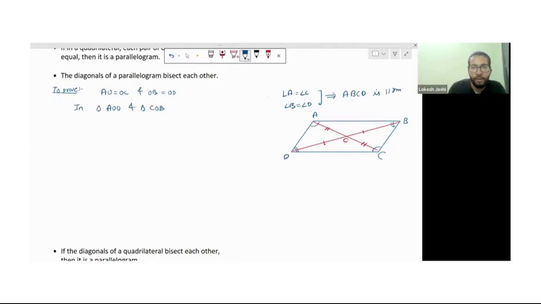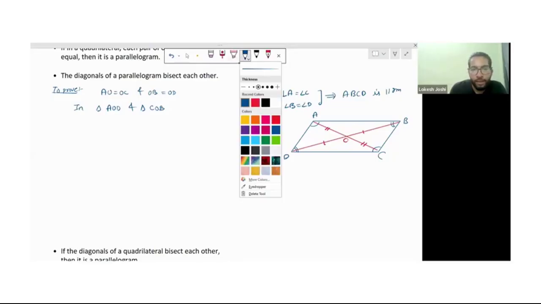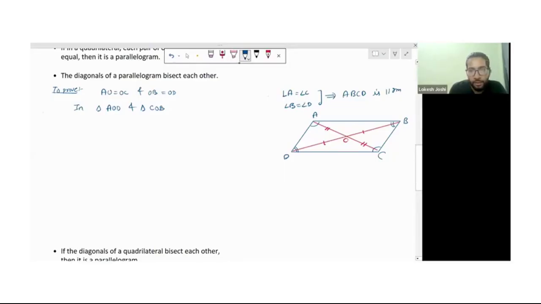Okay, now look there. In these two triangles, can I write angle AOD is equal to angle COB as they are vertically opposite angles? Okay, so that's the thing. And I can also write AD is equal to BC as opposite sides of a parallelogram are equal.